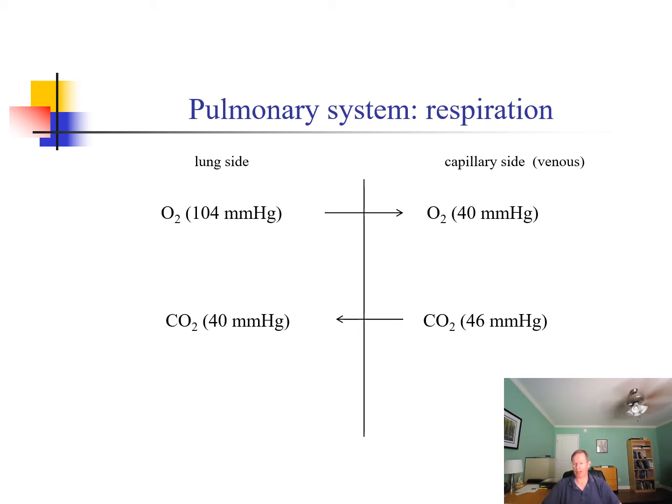Similarly, carbon dioxide in the red blood cells is at a higher concentration, about 46, after this metabolic waste product is being carried away. And in the lung, it's about 40 millimeters of mercury in the alveoli. So it's spontaneous to offload that carbon dioxide.